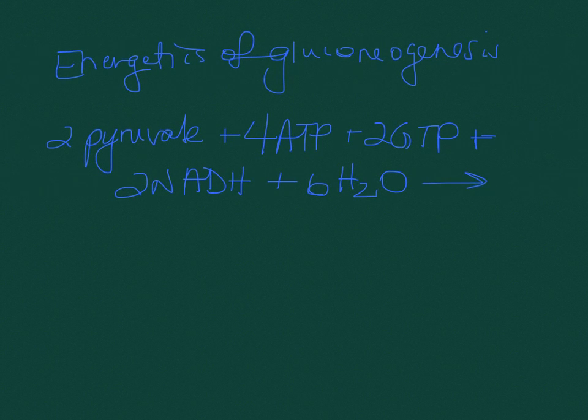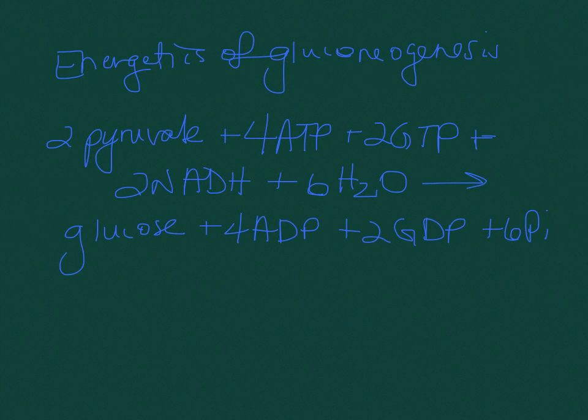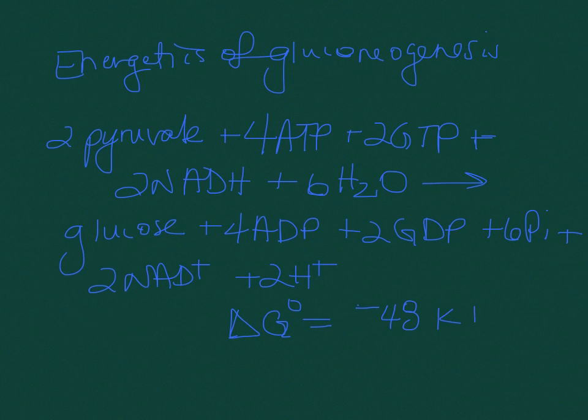This allows for the formation of glucose, plus 4 ADPs, plus 2 GDPs, plus 6 inorganic phosphate, plus 2 NAD+, plus 2 protons. Delta G standard is negative 48 kilojoules per mole.